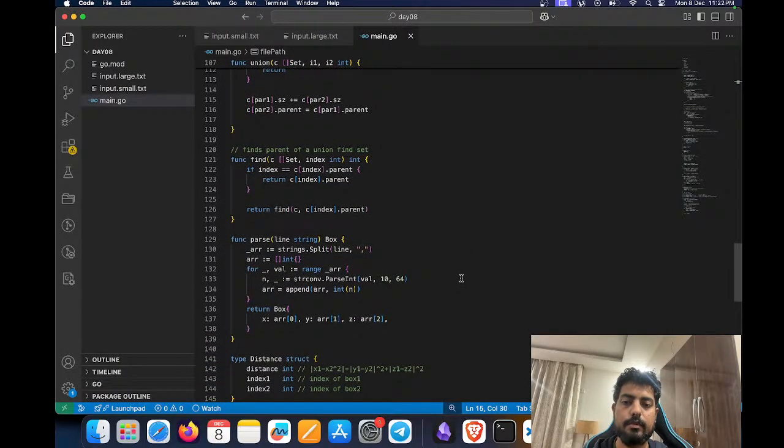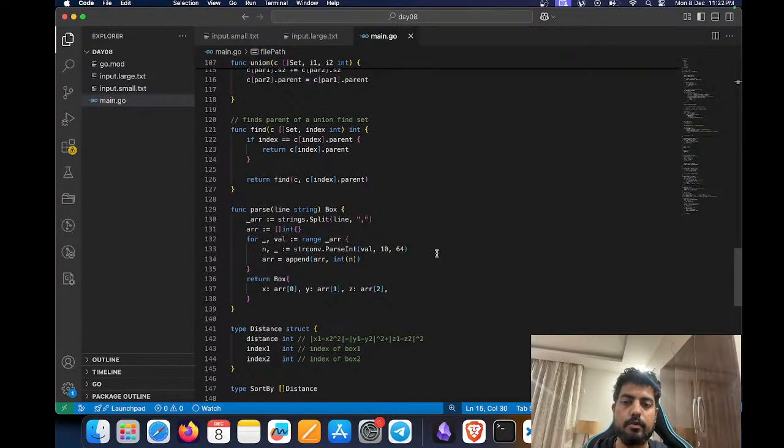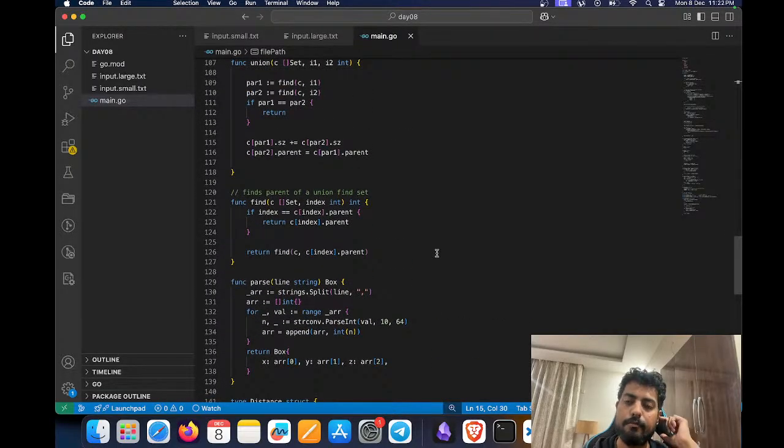This is a great update that brings the complexity down to very low. So it is almost like constant time complexity if it is being used again and again. So let's do that.